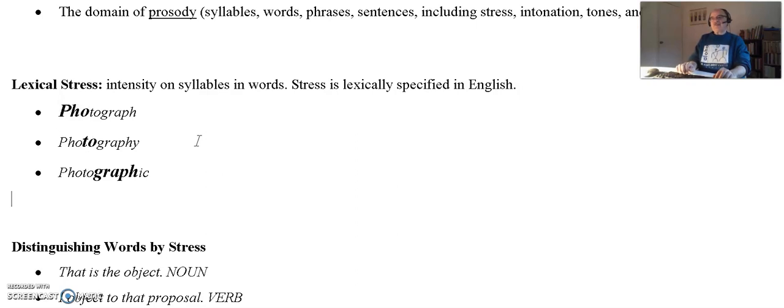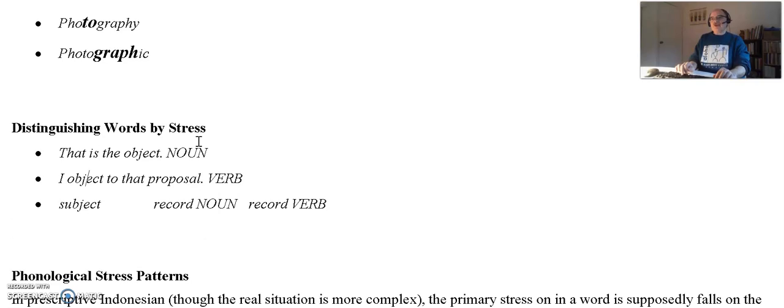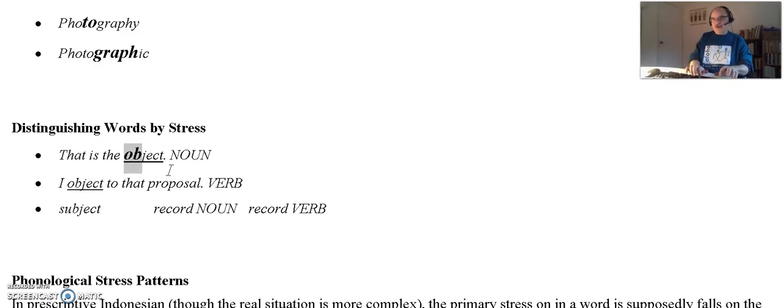Okay. And in English, we go farther, and we can distinguish words by stress. So here are two sentences. That is the object, and I object to that proposal. So let's take a look at those two words there. When we pronounce this one, that is the object, you stress the first syllable.